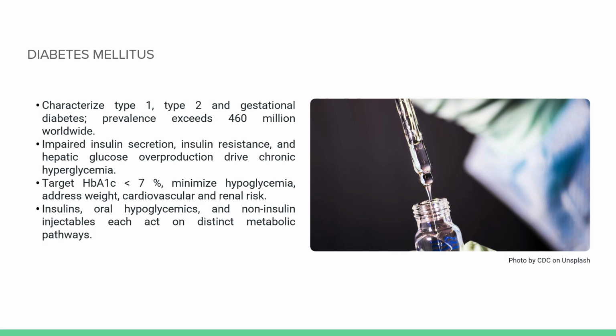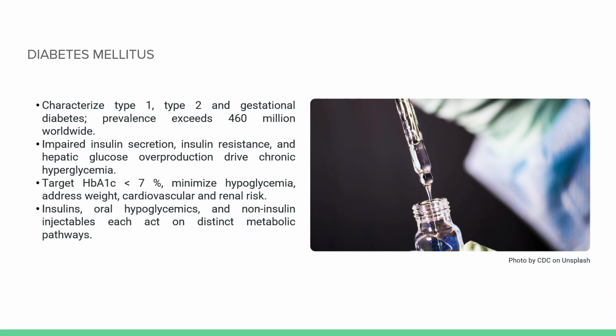Then the main target for diabetes mellitus is hemoglobin. In this condition, glycated hemoglobin is a blood test that shows the average blood glucose level over the past 2 to 3 months.